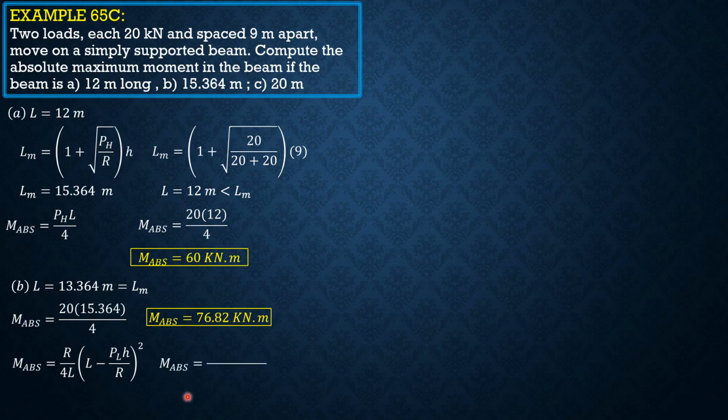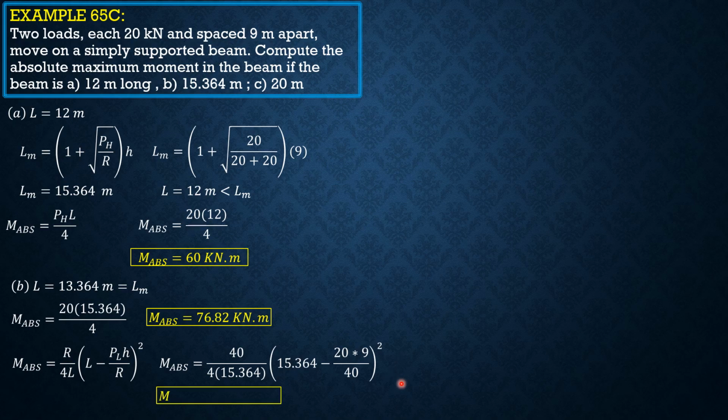Substitute 40 over 4 times 15.364 times quantity 15.364 minus 20 times 9 over 40 quantity square. So M absolute is also 76.82, which confirms the principle and the theory.